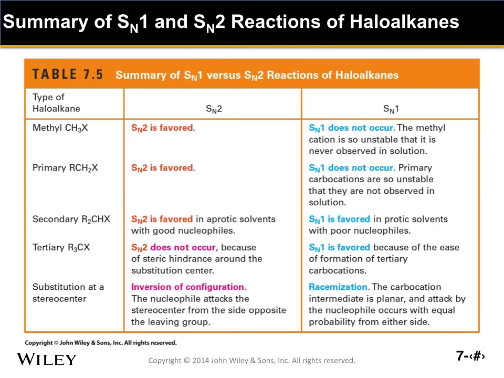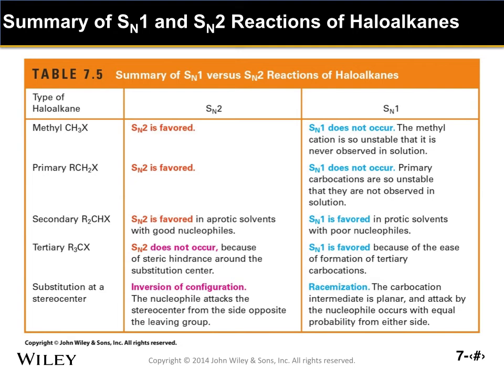So here's a table that summarizes all this that I talked about before. For methyl halides, SN2 is favored, SN1 doesn't occur. For primary alkyl halides, SN2 is favored, SN1 does not occur. Secondary alkyl halides could go SN2 or could go SN1. So this slide presentation tells you, for SN2 reactions to be favored, polar aprotic solvents.